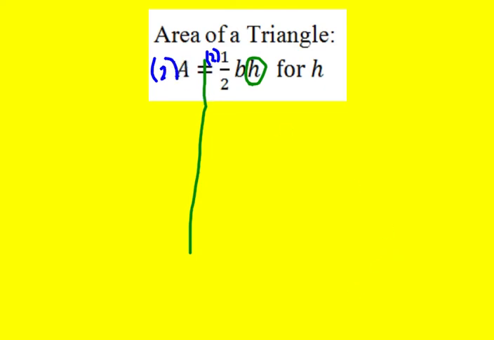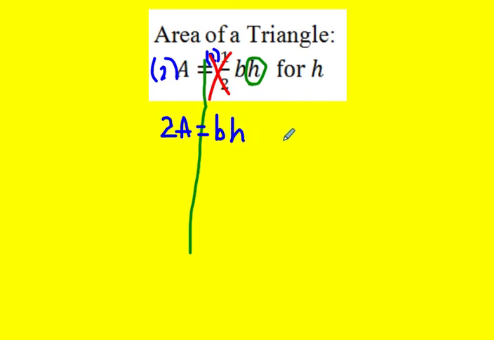On the right-hand side, the 1/2 and the 2 are going to cancel each other out. So that means that at this point I have 2A equals BH.